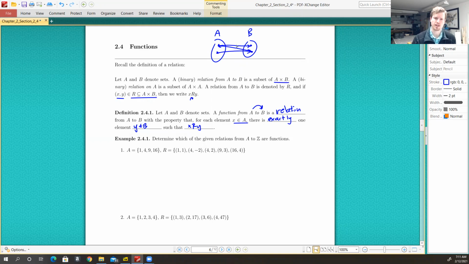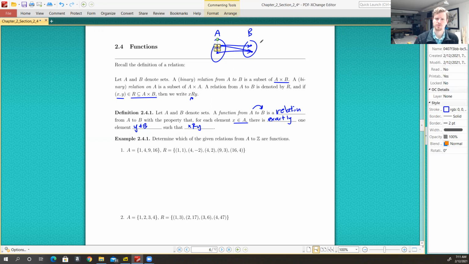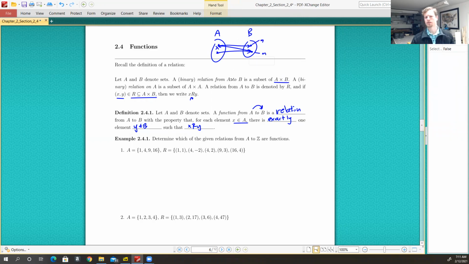It's a relation: this is related to that, and this is related to that one. Call it maybe x. x is related to a and b. That's a perfectly fine relation, but that's not a good function. x could only be related to a in order for it to be a function.